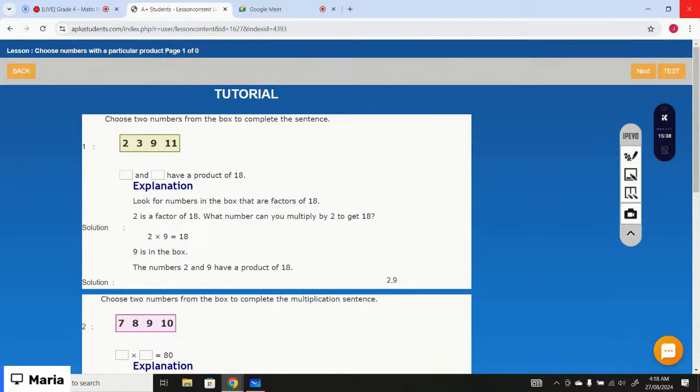That is 9 times 2 is 18, right? You have to find the two numbers that when multiplied make 18. So 9 times 2 is 18, right? Let's just start with the test questions.